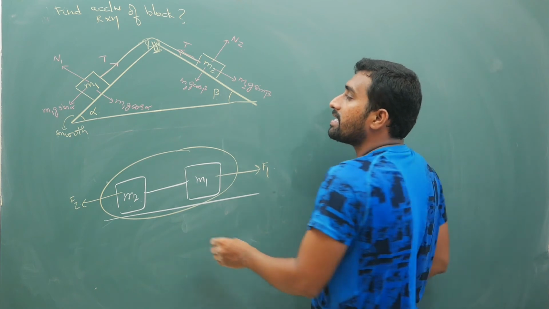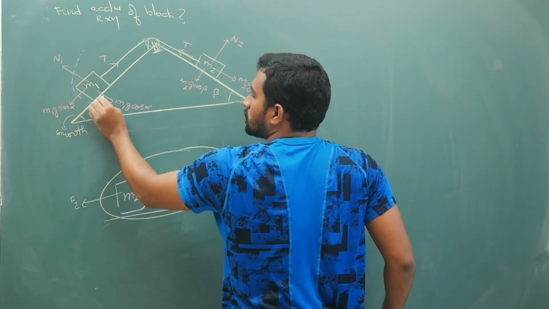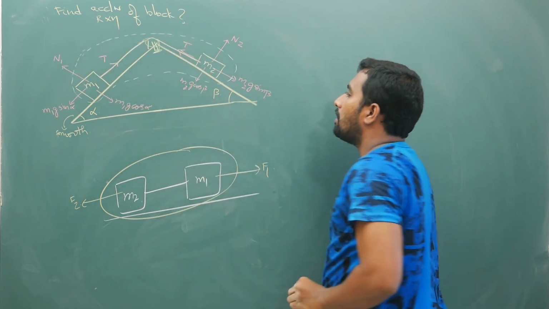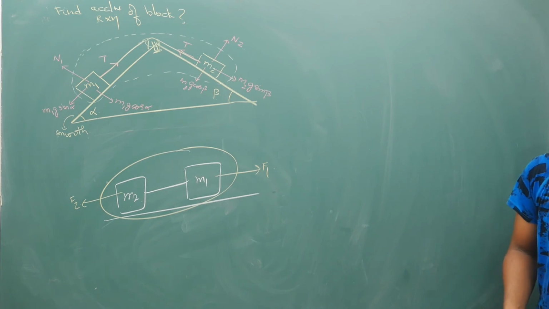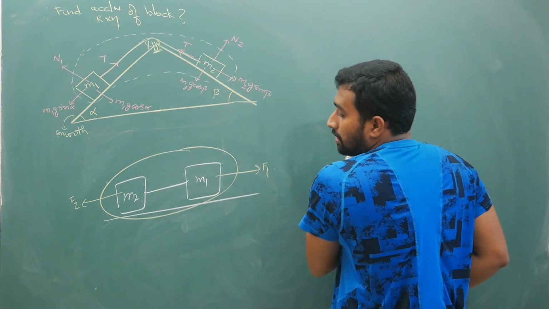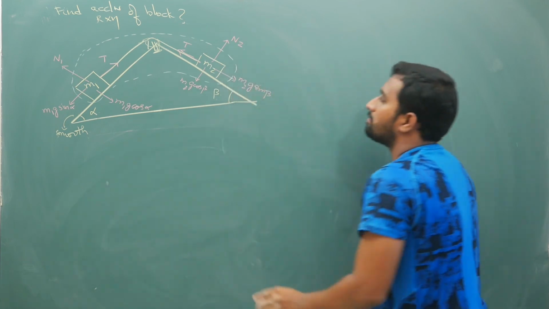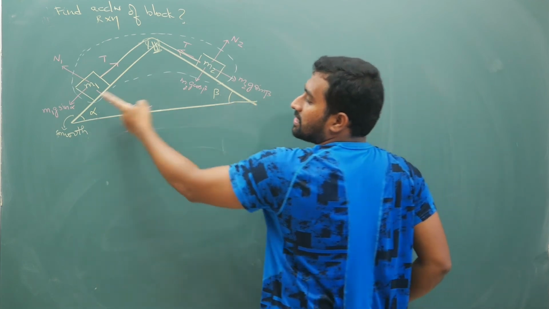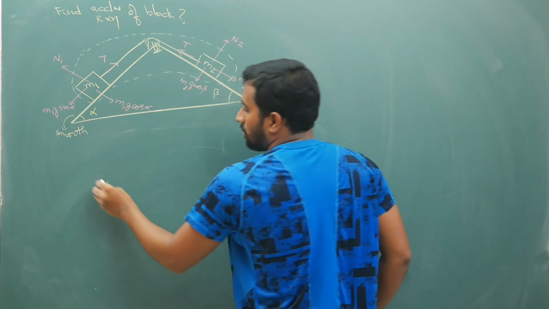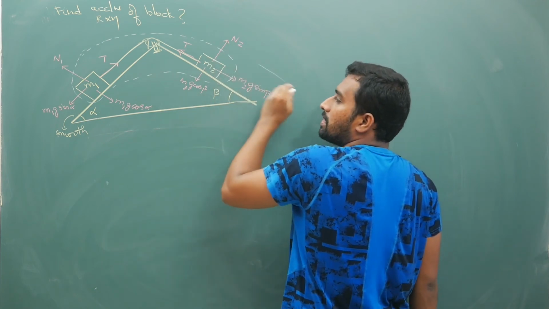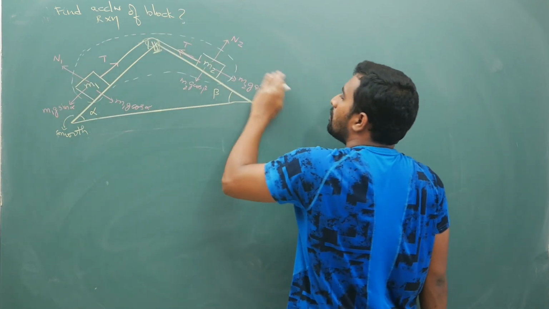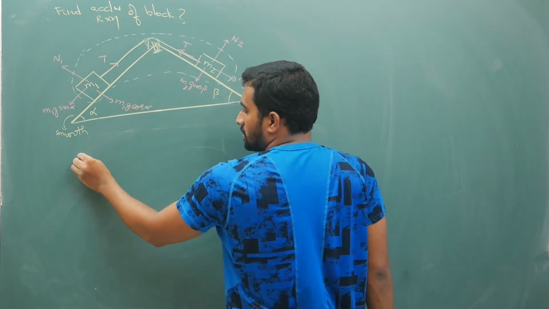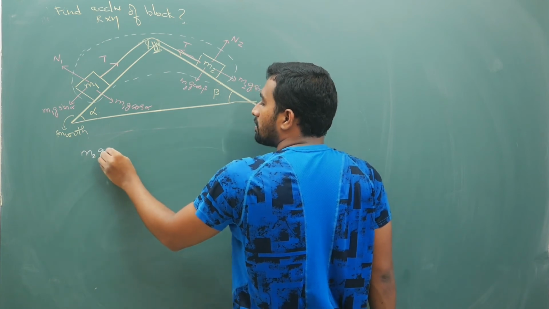Now if you take these two blocks as your system, represented by my dotted line like this, in this scenario the tension is an internal force. So the tension or the masses will not decide which side the block will move. If m2g sin beta is greater than m1g sin alpha, then this block will move downwards and this block will move upwards. Other cases you can do, no issues.